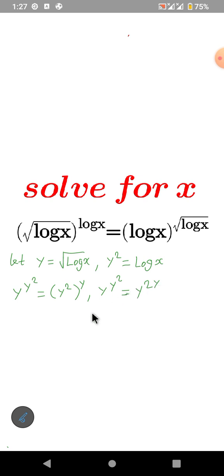Then again, my next step now will be to divide both sides of this expression by y raised to the power of 2y. So we say y raised to the power of y squared divided by y raised to the power of 2y equal to y raised to the power of 2y all over y raised to the power of 2y.